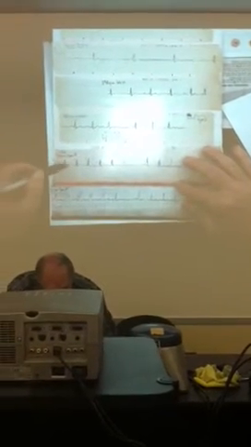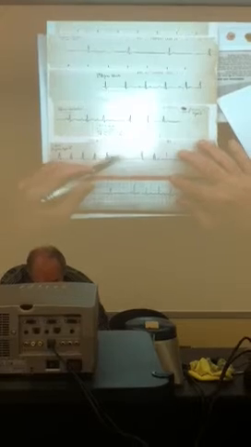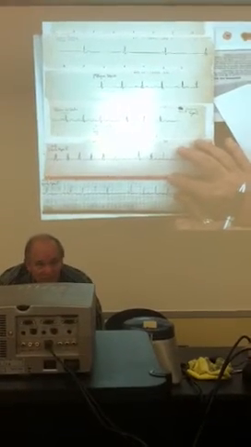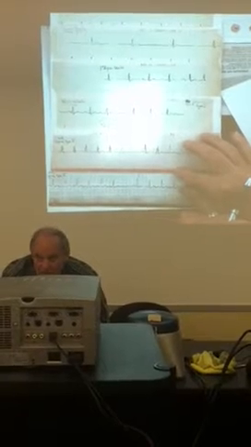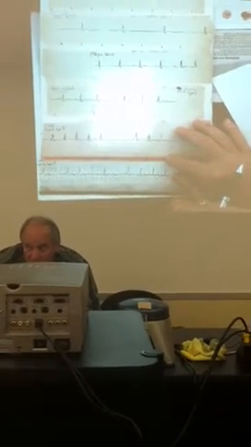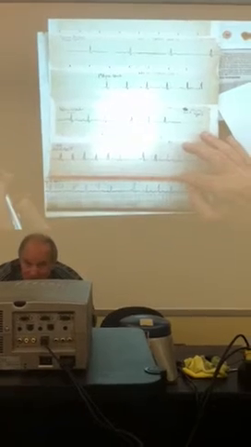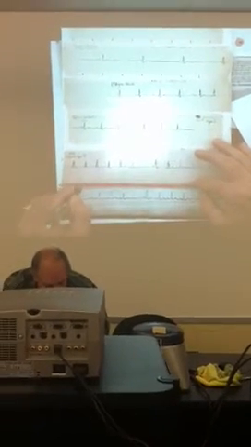Now I've got 9 peaks, so 90. You see that? Does everybody got that? You count the number of peaks in a 6-second interval. First you get your 6 seconds.